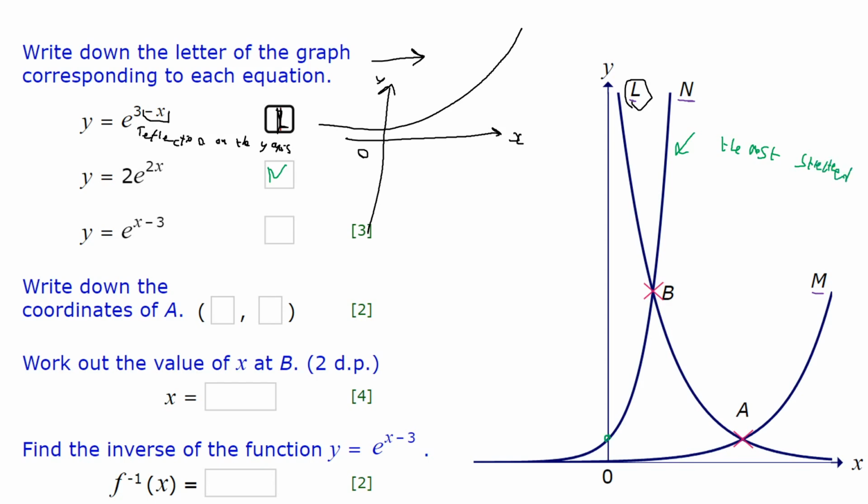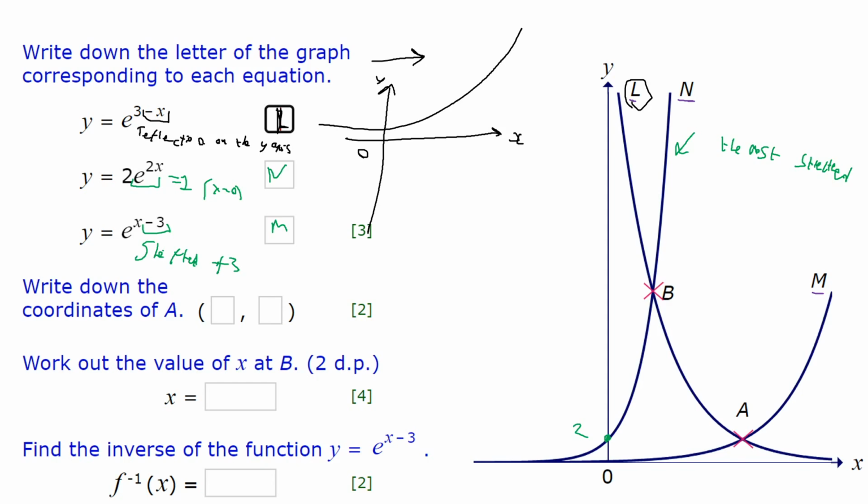And this one is 2. Why? Because e to the 0 is equal to 1. And of course, this one has to be M. Why? Because it's shifted plus 3 in the x direction.